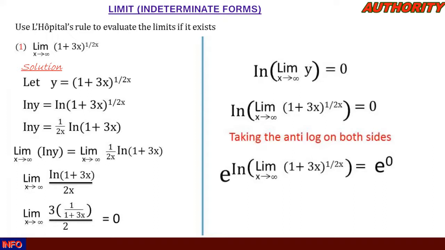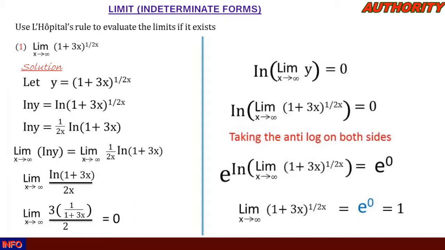So the exponential and ln cancel each other. So we have lim as x approaches infinity of (1 plus 3x) raised to power 1 all over 2x is equal to e raised to power 0.